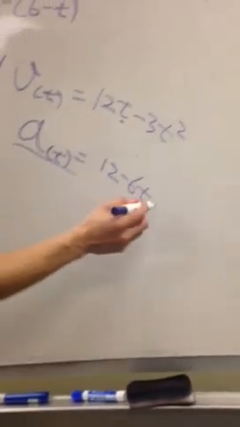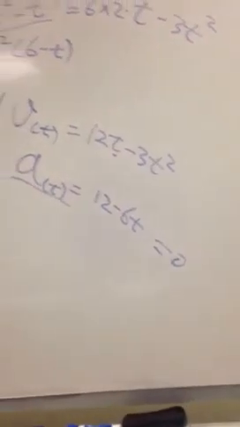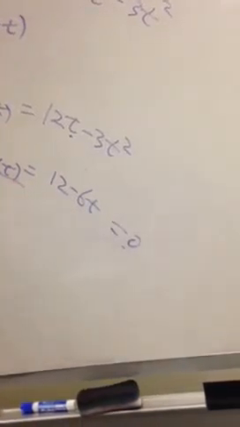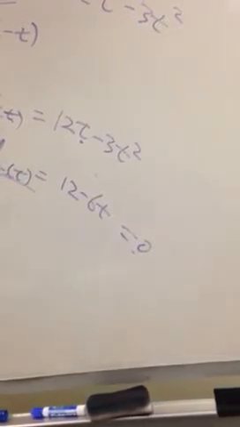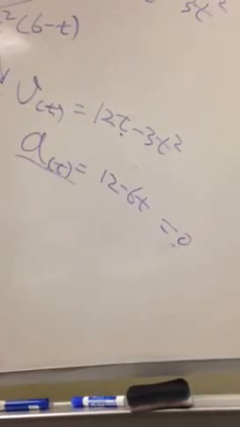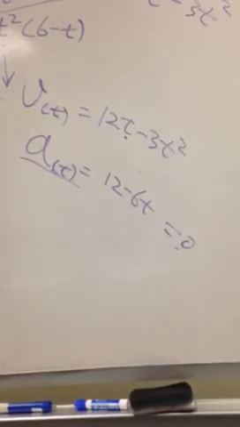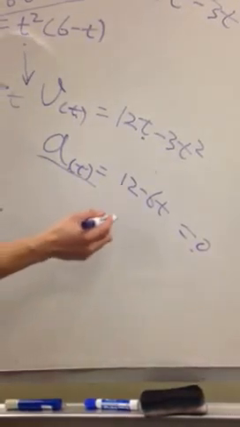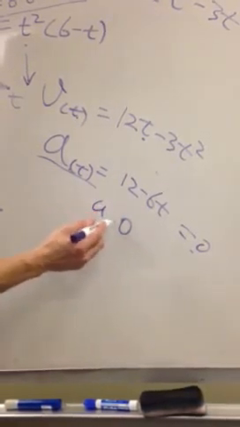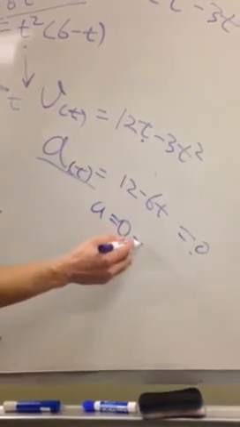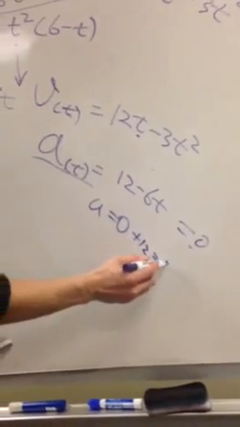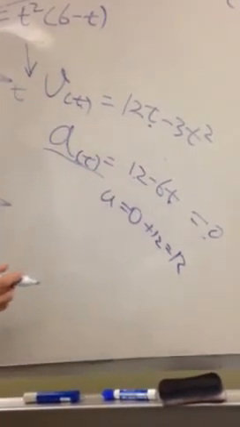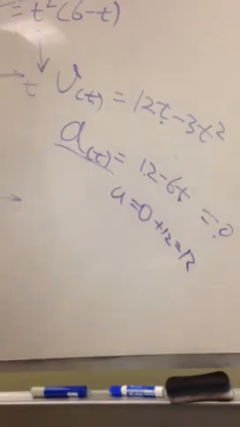You want to set this to 0. So it will accelerate until it becomes 0, and then the speed will slow down. For example, at time 0, a is equal to 12. If t is 0, a is 12, so it's accelerating.